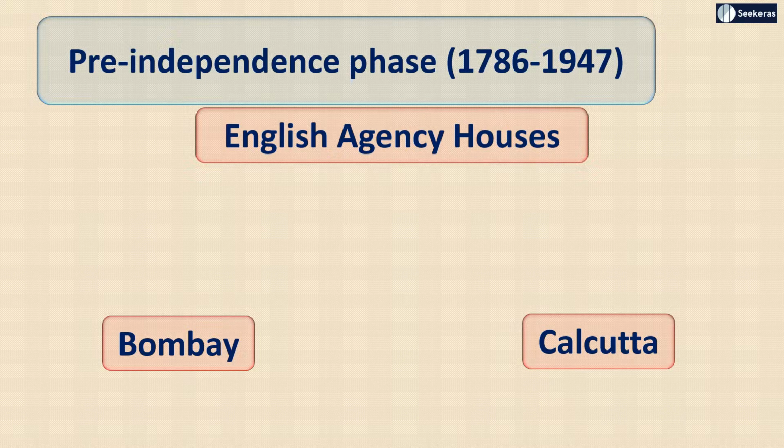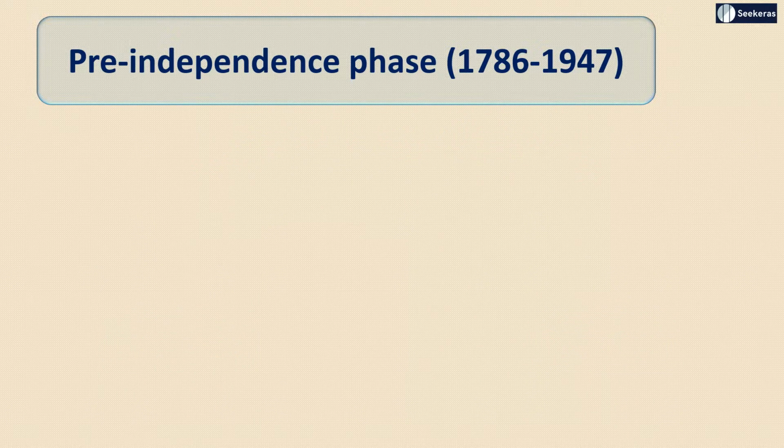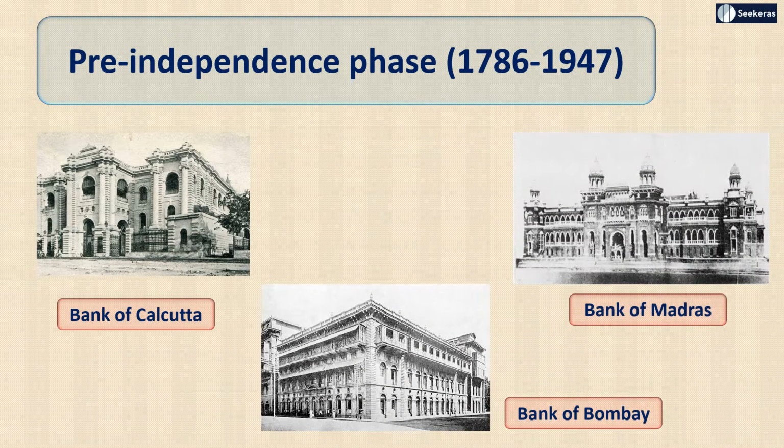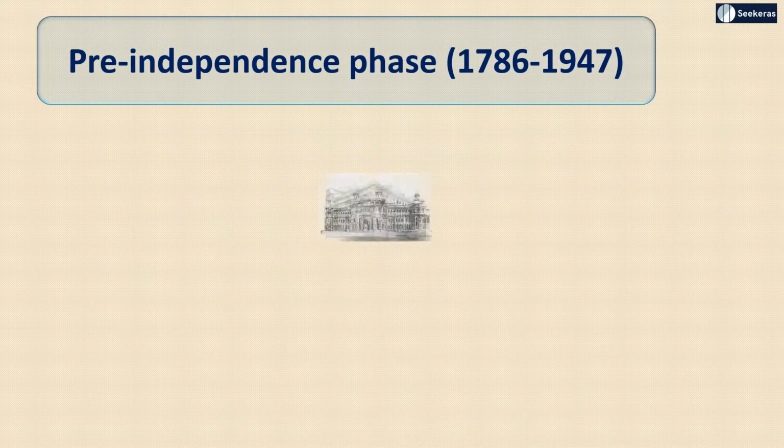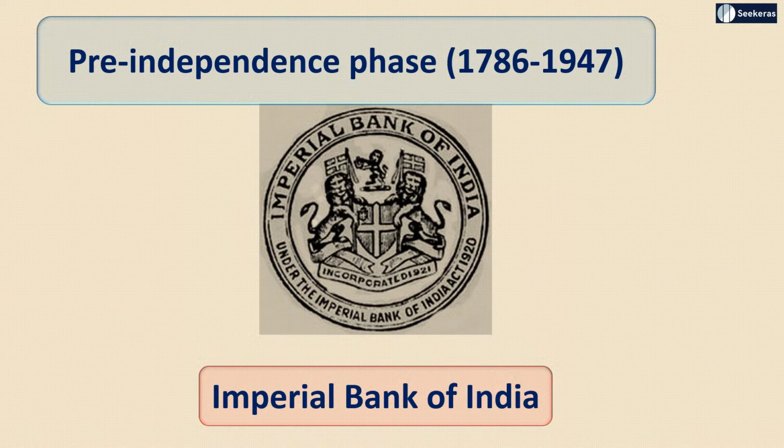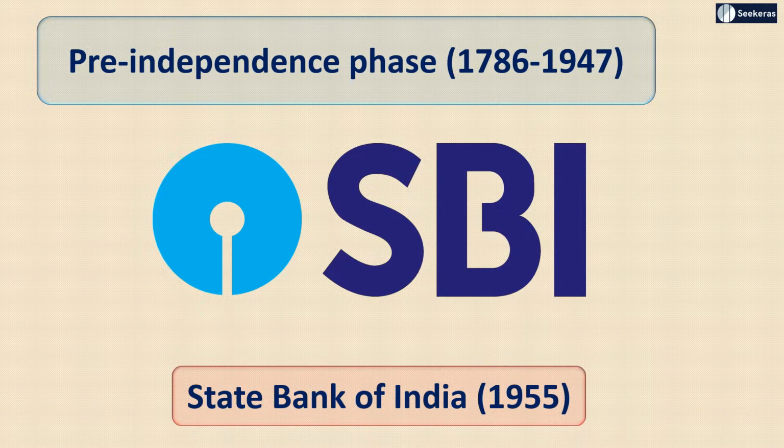Three presidency banks, Bank of Bengal, Bank of Bombay and Bank of Madras, were established in the 19th century under the charter of the British East India Company. In 1935, the presidency banks merged together and formed a new bank named Imperial Bank of India.